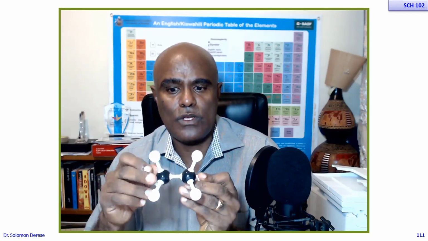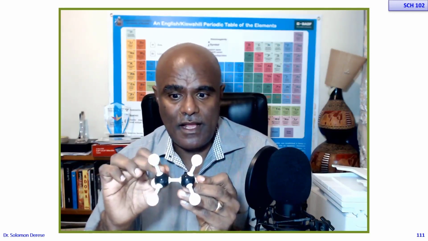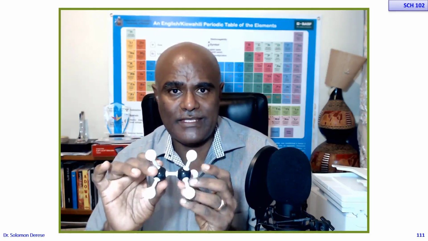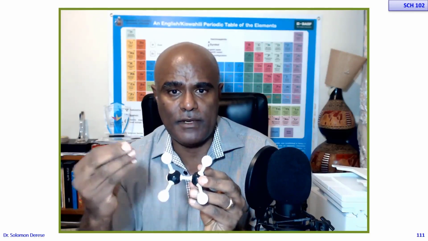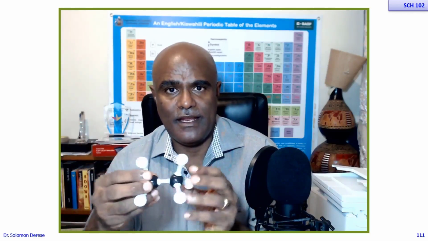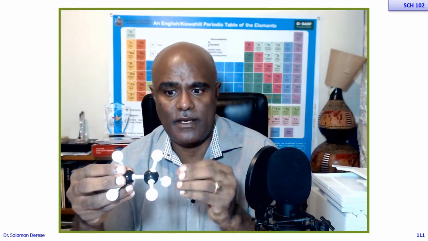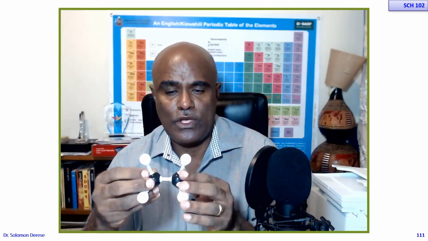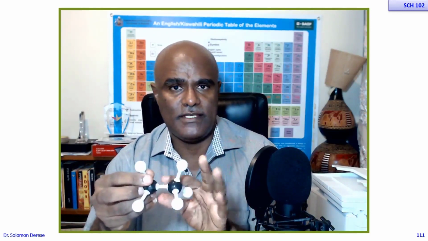The 2 carbon atoms are joined to each other through a sigma bond, which is formed by direct head-on overlap of sp3 hybrid orbitals. One sp3 hybridized carbon and another sp3 hybridized carbon approach each other and share their electrons through direct head-on overlap of orbitals to form this sigma bond.